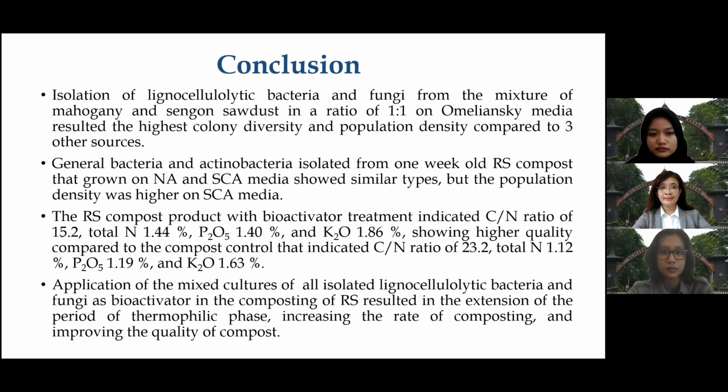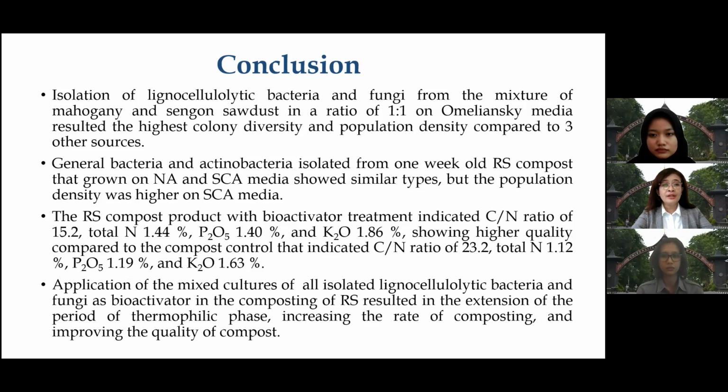Thanks, Kintavi. Ladies and gentlemen, at this last slide, let me conclude the results. The first point, isolation of lignocellulosic bacteria and fungi from the mixture of mahogany and sengon sawdust on Omeliansky media resulted in the highest colony diversity and population density compared to 3 other sources.